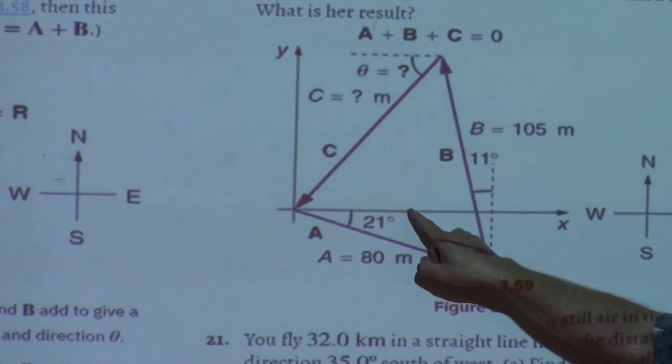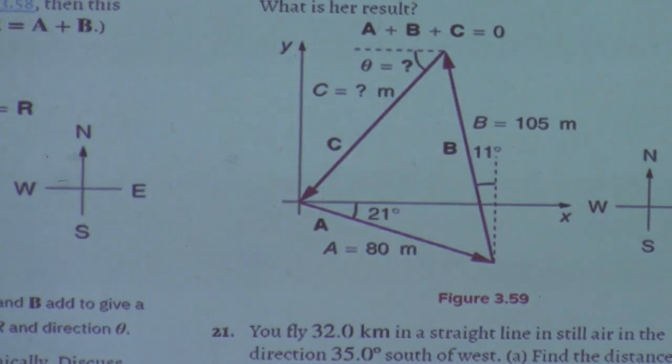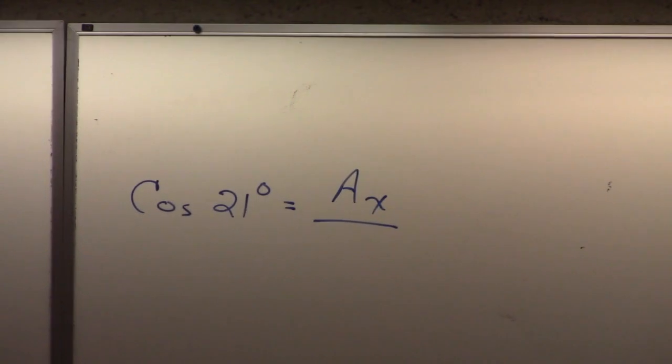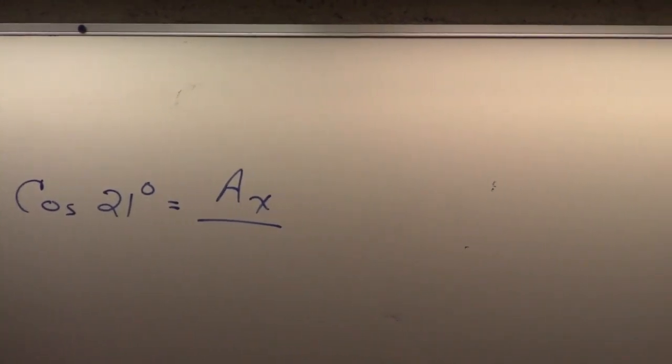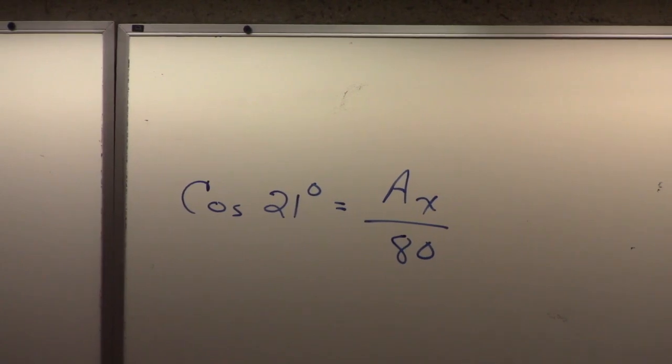That's the cosine function. So I would say here, cosine of 21 degrees would be ax over its magnitude, which was 80. Now, I'll work out the math in a minute because I don't think the math is much of your challenge. Although if you don't know how to use your calculator, please ask and I'll explain.